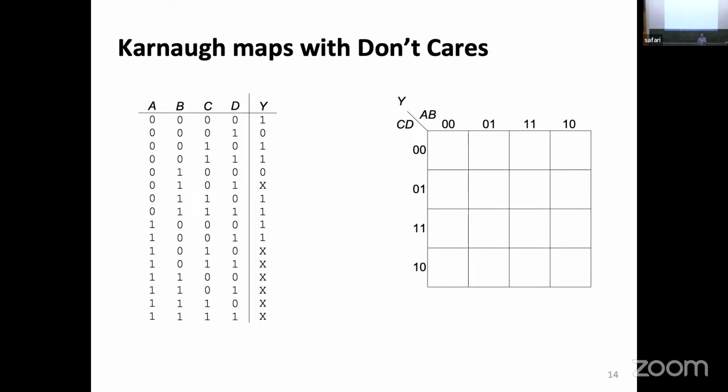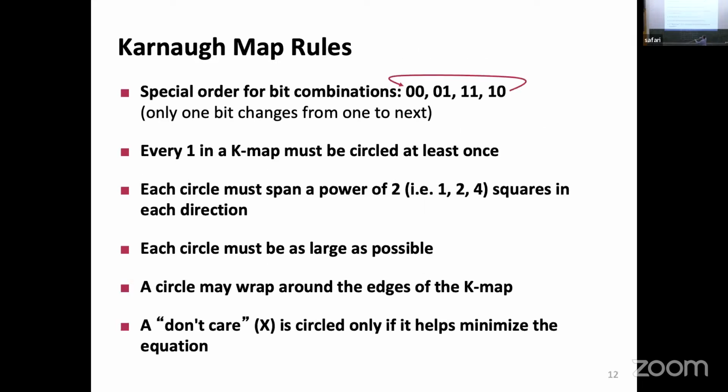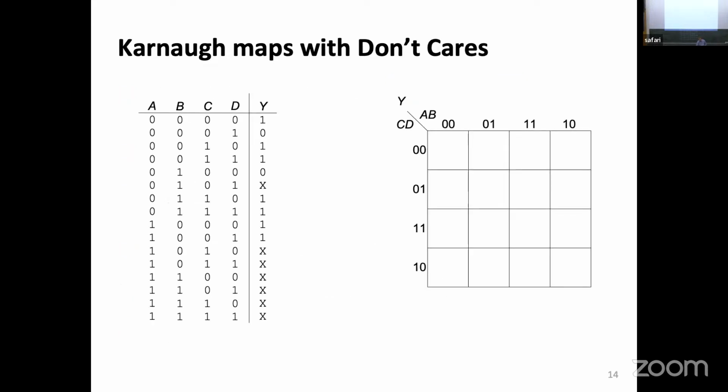It's not generating an X. It's going to generate a 0 or a 1, and I'm free to do however I please. And since I want to have an easy life, I'm going to choose them as it fits my agenda. So a don't care is used only if it helps minimize the equation. And boy, it will help minimize the equation here.